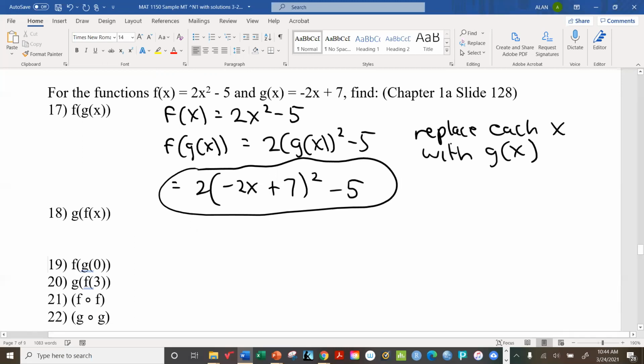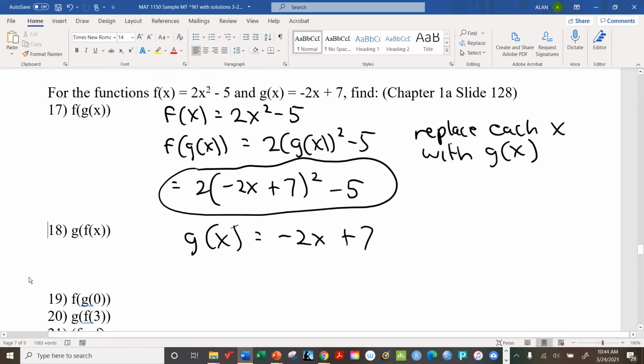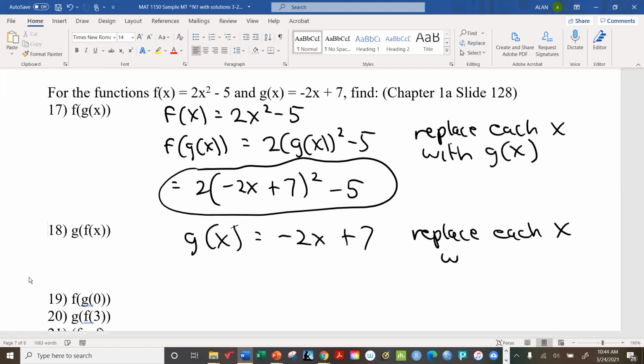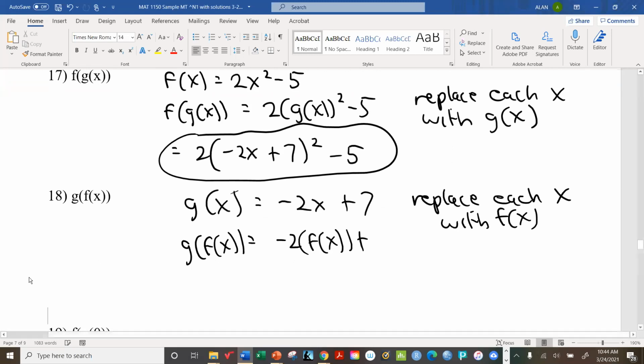Now down here, we're essentially doing this in reverse. We have g of x is minus 2x plus 7. To find g of f of x, replace each x with f of x. Okay, so that's how this one is done. So what I'm going to have here is that g of f of x is minus 2 f of x plus 7.